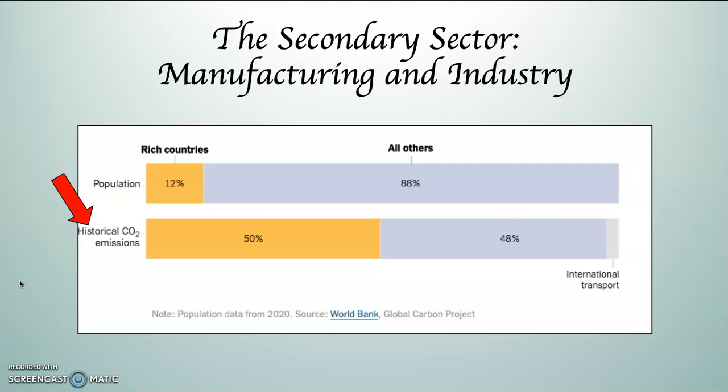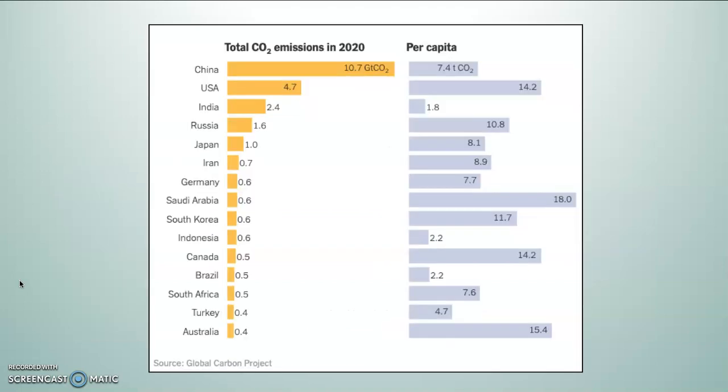But notice the 12% in total population accounts for 50% of the historical CO2, carbon dioxide emissions, whereas the other 88% of the population on the planet has accounted for, historically, although this is evolving, the other 48% plus the international transportation, which is, I guess, on everybody's shoulders.